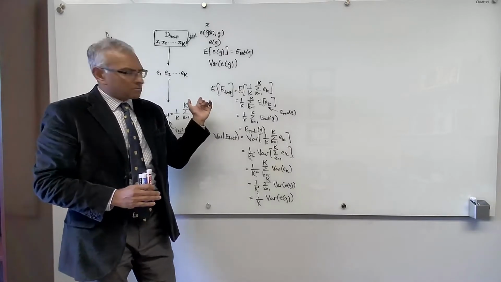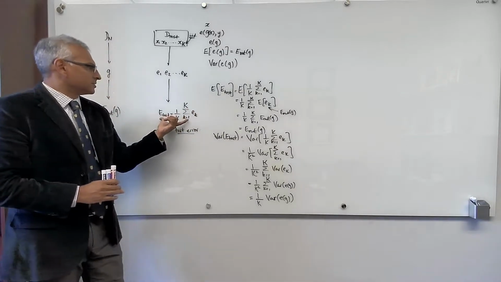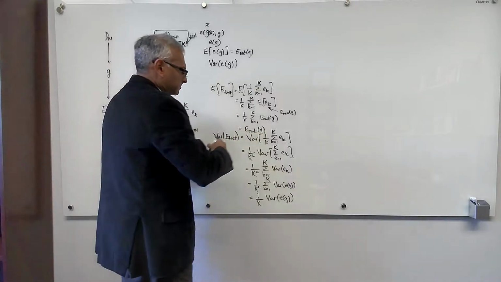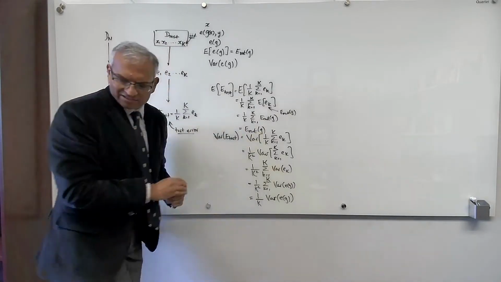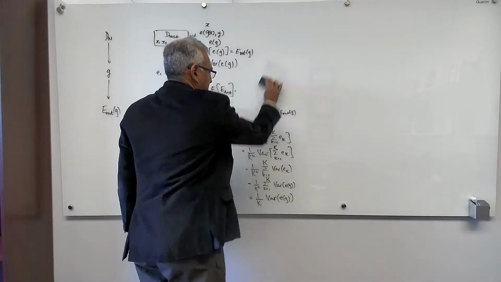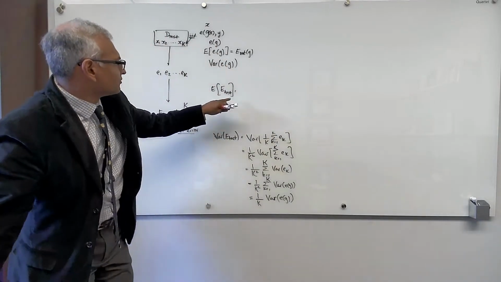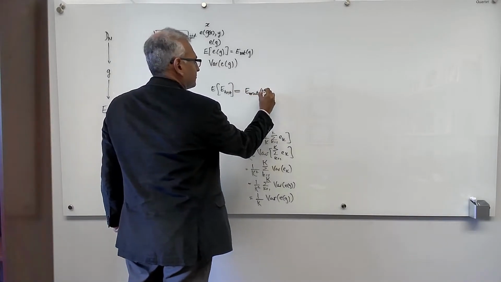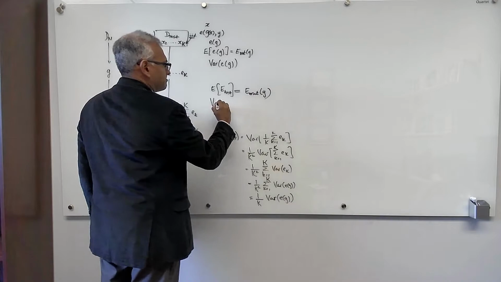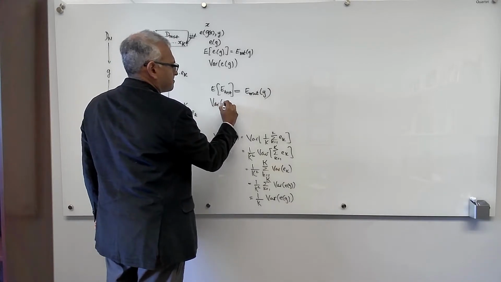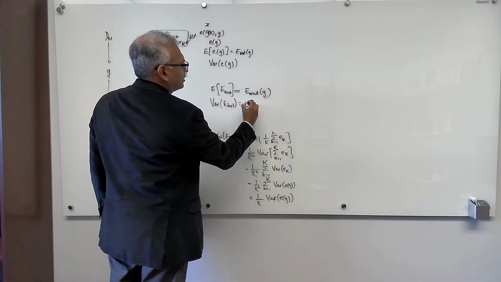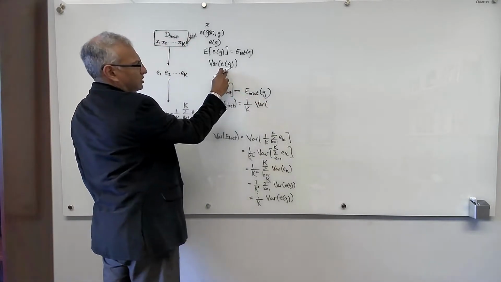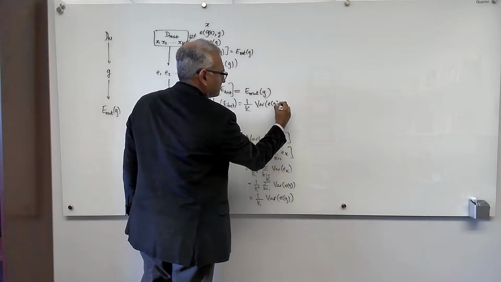So the test error is an estimate of the out of sample error. So let's summarize. The expected value of the test error is exactly equal to E out of g, and the variance of the test error is exactly equal to 1 over K times the variance of the error on a single test point, e(g).